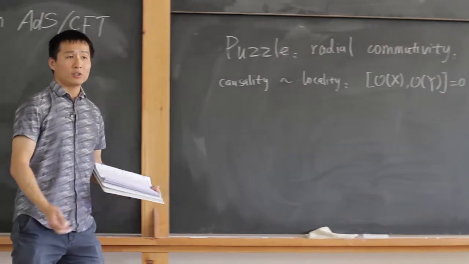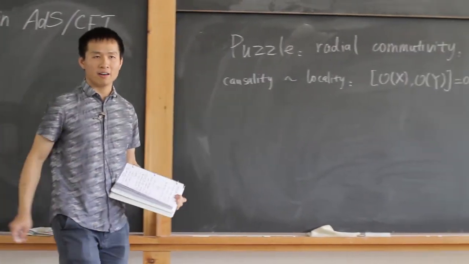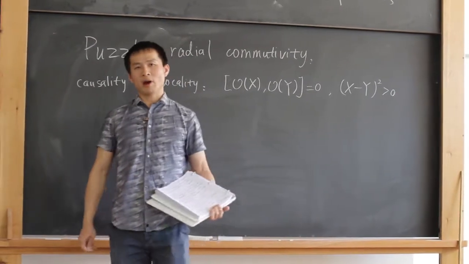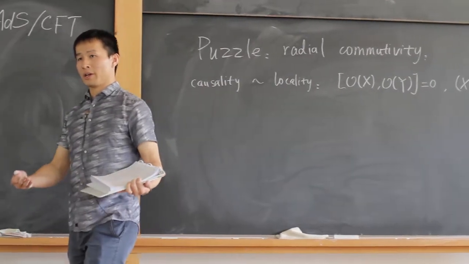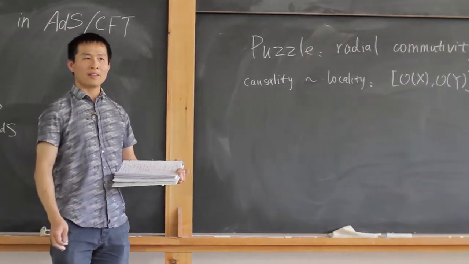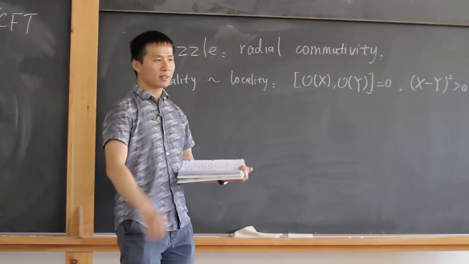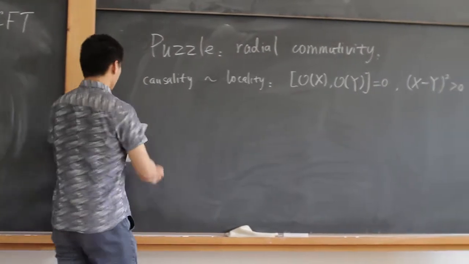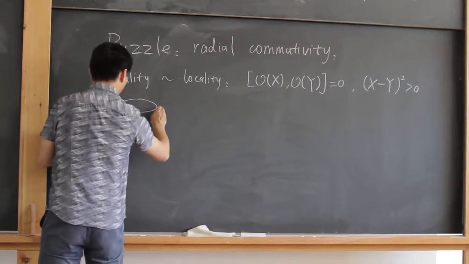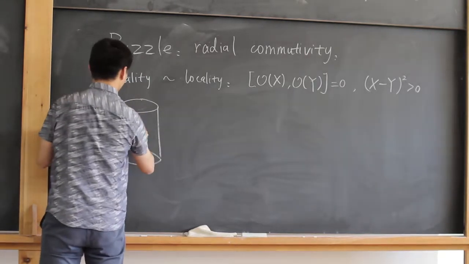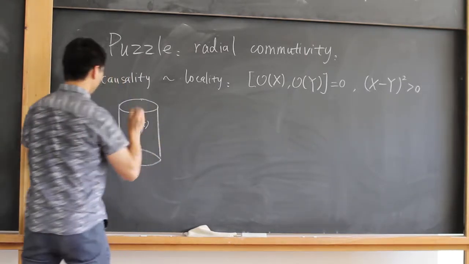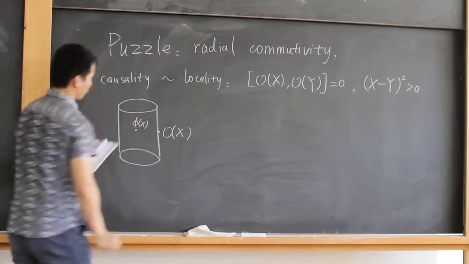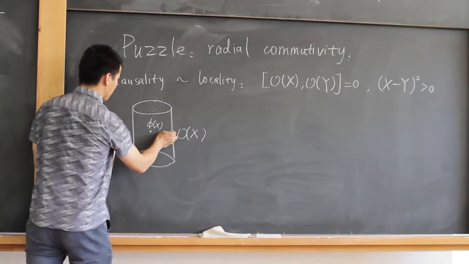This is an operator statement. We might expect this to hold also in the bulk in the AdS/CFT correspondence. The reason is the bulk is very well described by quantum field theory weakly coupled to gravity, and there we can also imagine doing experiments, and it would be very hard to violate causality. So let's say that this relation is expected in the bulk. What that means is we have a phi of, let's say, little x, and we have O, and for simplicity, let's put them on the same time slice.